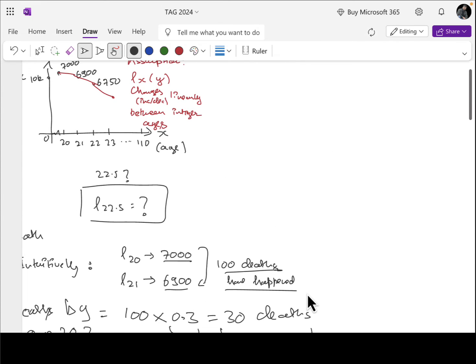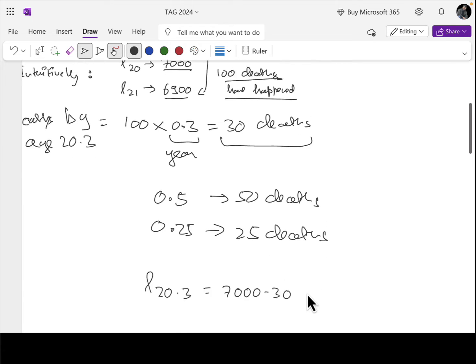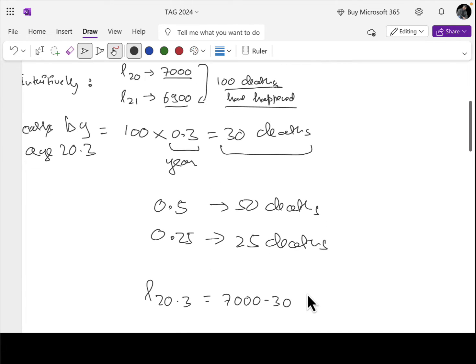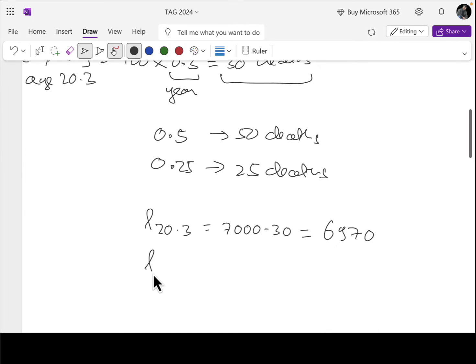They are going from 7,000 to 6,900. 100 deaths happen throughout the year. In 0.3 of a year, 30 deaths happened. So your L20.3 would be equal to 6,970, right?